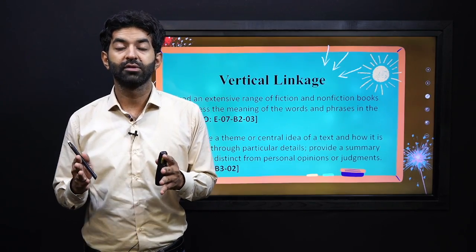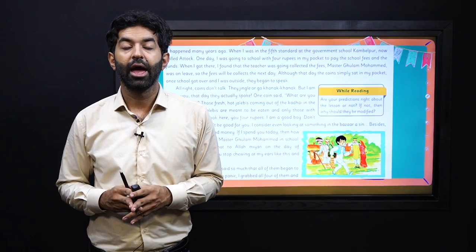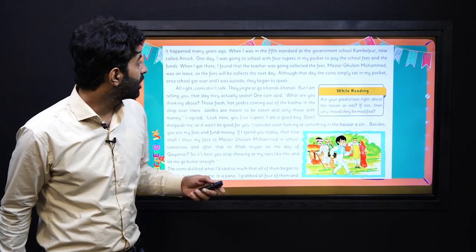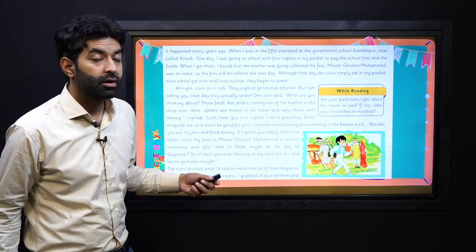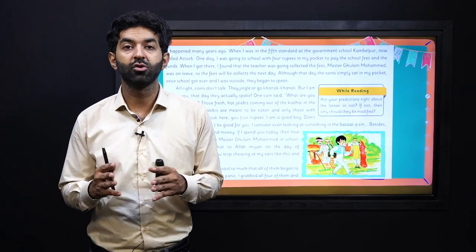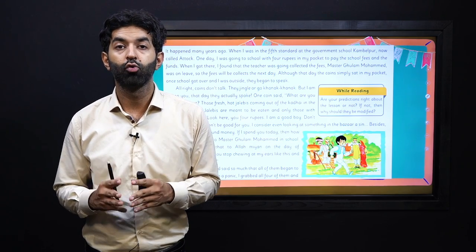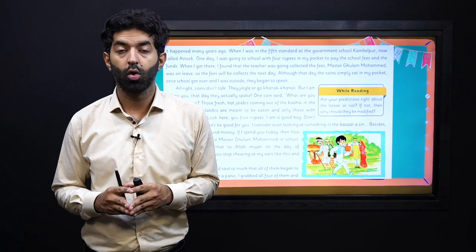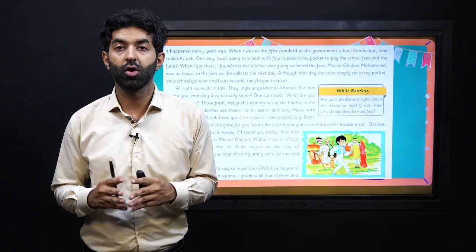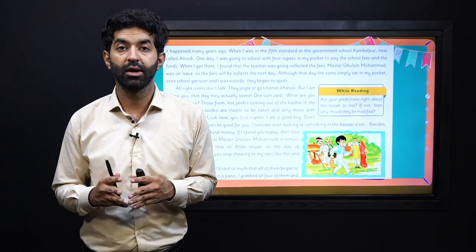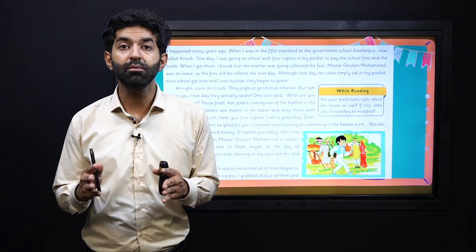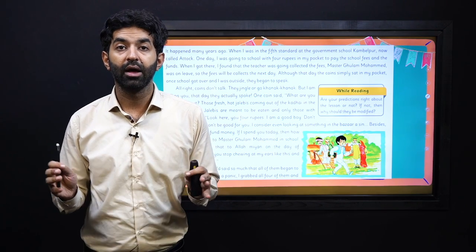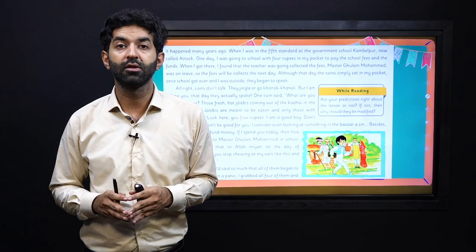It links your SLO with the previous grade, and moving on to our main text of the lesson, I hope that you can open your books and read with me, because in order to find the main theme or central idea of a text, we have to read it thoroughly. It means we have to skim through every sentence and every word.